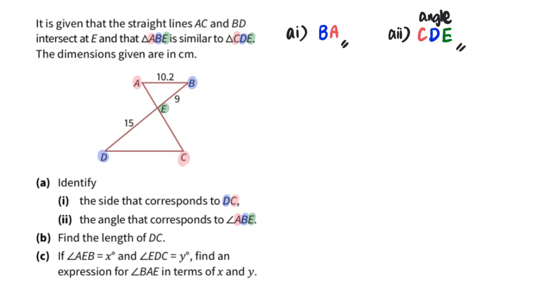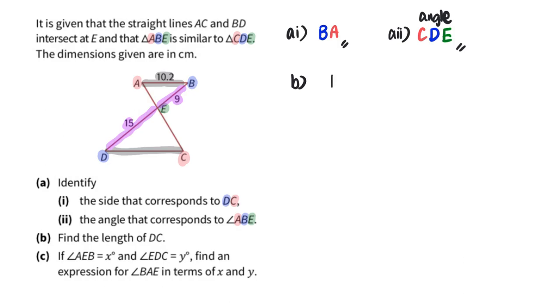Next, we are supposed to find the length of this DC. I'm glad that they do give us all the lengths down there. So I'm going to identify these two as the corresponding lengths, and I also have another pair of corresponding lengths here. For part B, it's pretty straightforward.